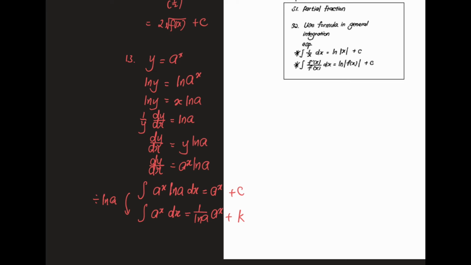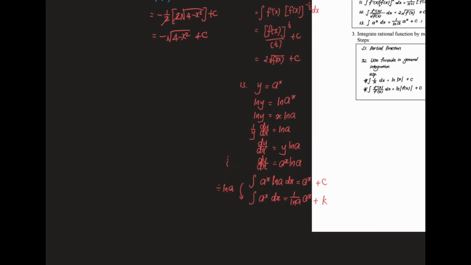Now let's see an example on page 11, number 33, where we need to integrate 1 over 5 to the power of x dx. So that is 5 to the power of negative x, or simplify it to (1 over 5) to the power of x dx. Since 5 takes power negative 1, it becomes 1 over 5. Now I can see my a clearly.